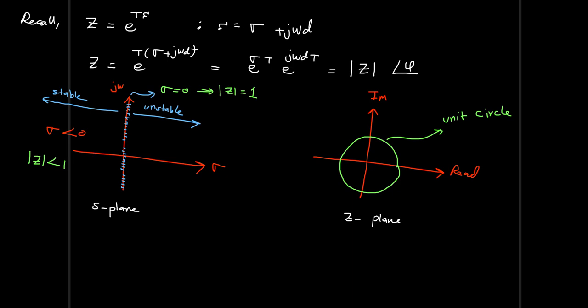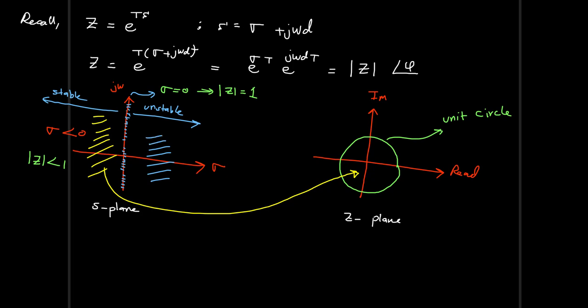So now the left half side of the S-plane will be mapped inside the unit circle, and the right half side, which implies that sigma is greater than 0, is mapped to the amplitude of the z being greater than 1, which is outside the unit circle.